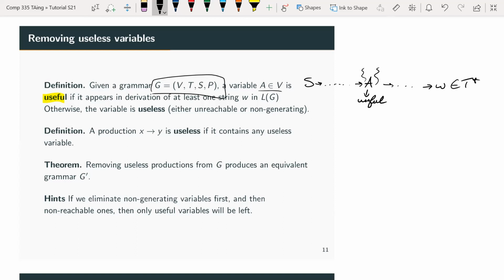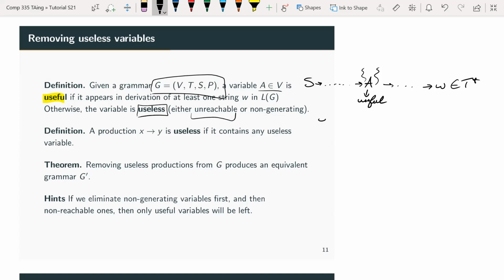Otherwise, if that never happens, if there are no such strings of terminals where a variable A can be used in the production rule, then it is considered useless. That either means that the variable is unreachable.